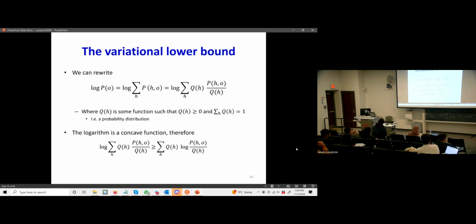And so going back over here, this is the log of a convex combination of p over q. And this is going to be greater than or equal to the convex combination of log of p over q, right? So log of the summation over h of Q of h times P of h over Q of h is going to be greater than or equal to the summation over h of Q of h times log of P of h over Q of h. That's basically just restating what we have in this picture.